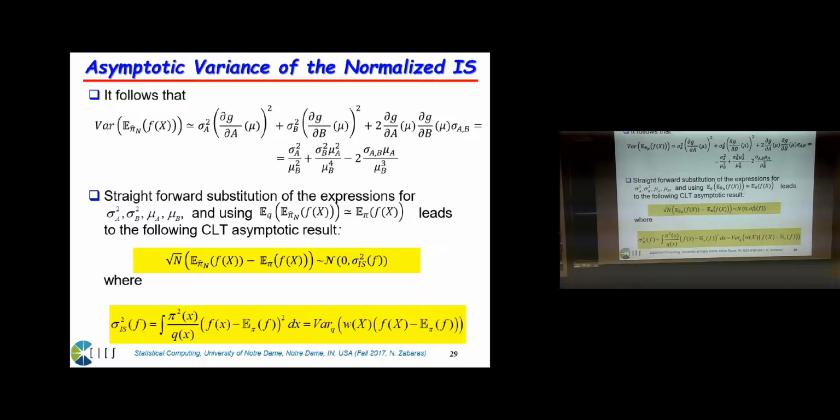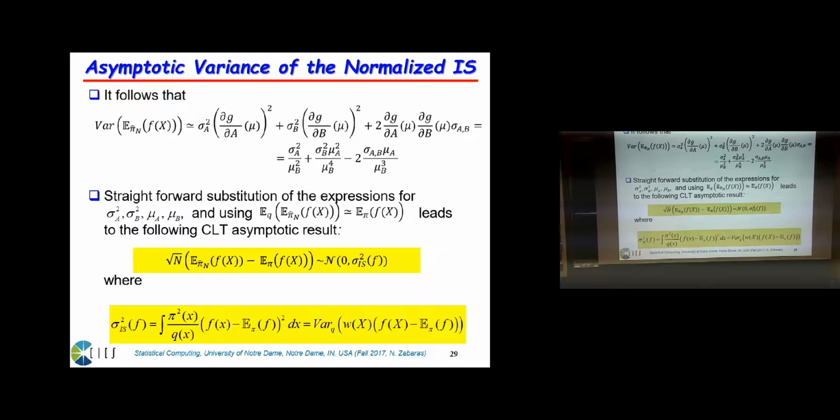So let me just finish it. It comes out when you use a first-order Taylor expansion, okay? When you use a first-order Taylor expansion, you get a central limit type result. So basically, our estimator looks to be unbiased, right?